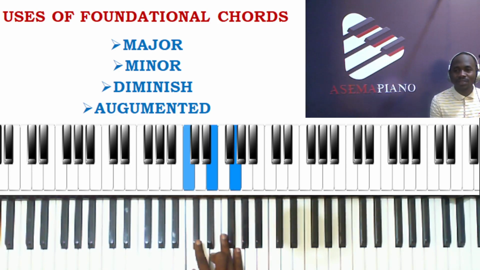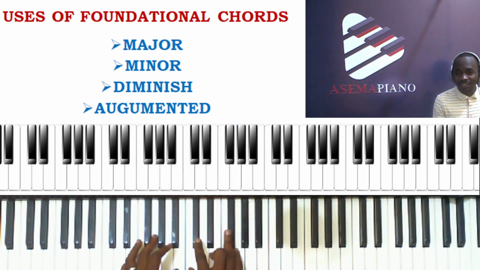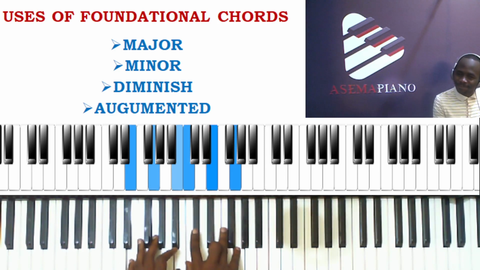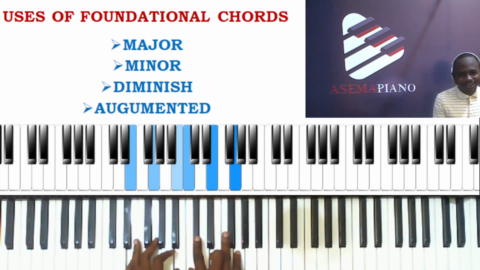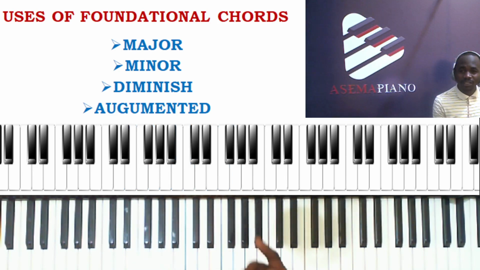Now I'm going to play the minor chord of that middle note, the third scale degree of that given major scale. Now if I play it like this, I get the C major 7. Now we don't always play the C major 7 like this. It depends on the environment that you are in.